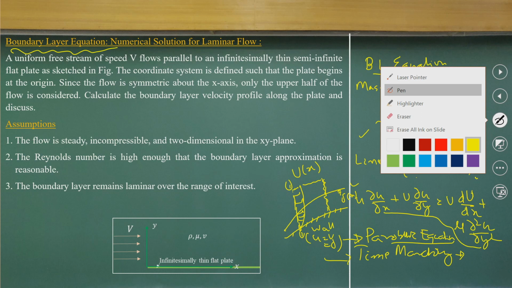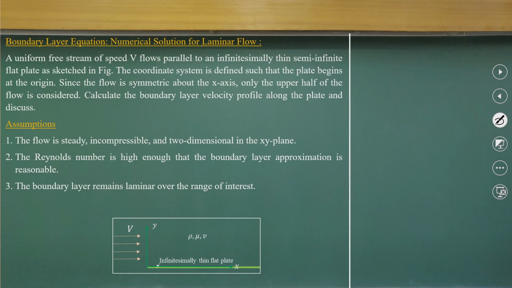To get these solutions we are looking at some simplifications, as we did for the earlier case. We are looking at a uniform speed flow, where V is the free stream velocity, and if you look at the sketch, a very thin plate. Okay, this is a thin plate, because this simplifies the conditions so that we can get a solution.